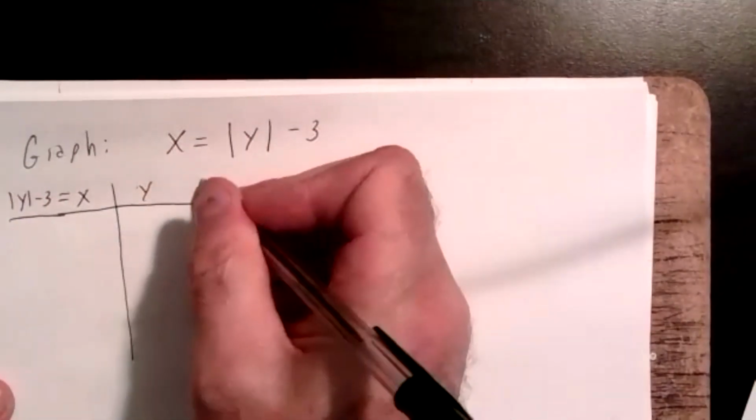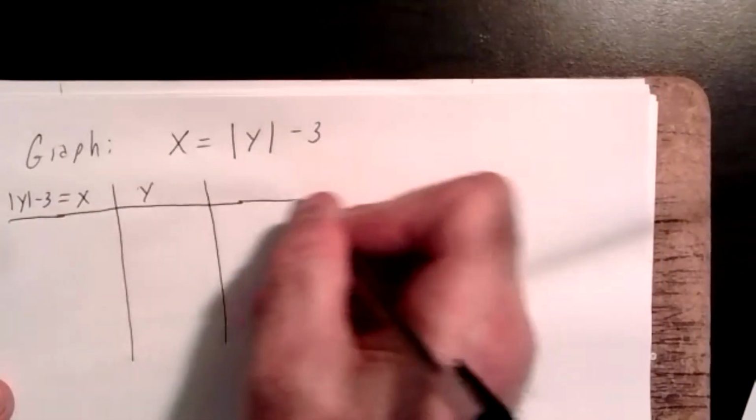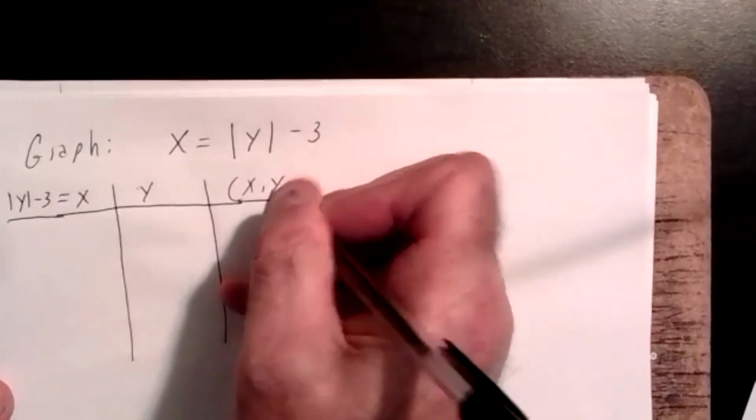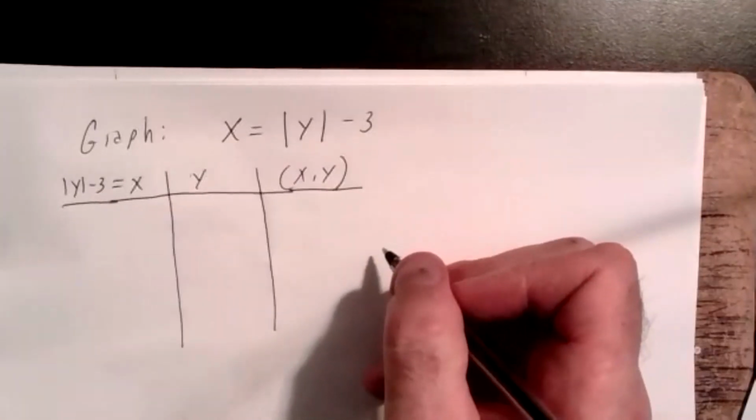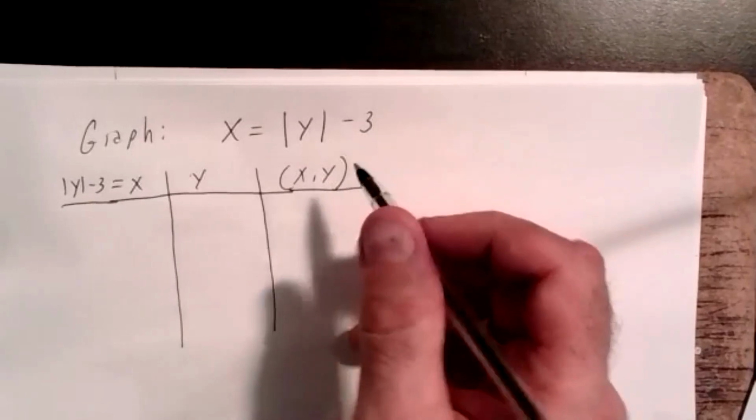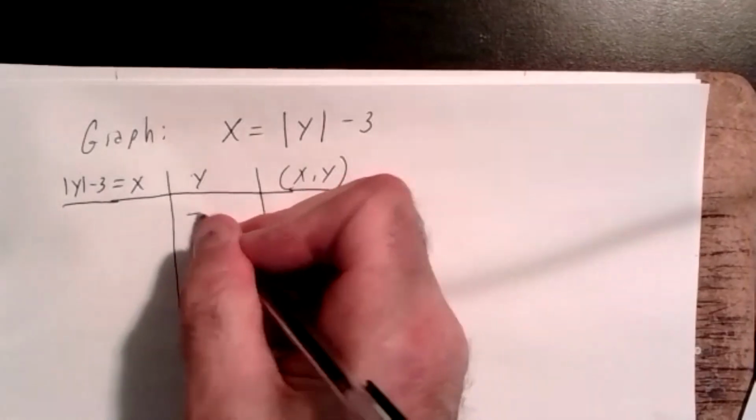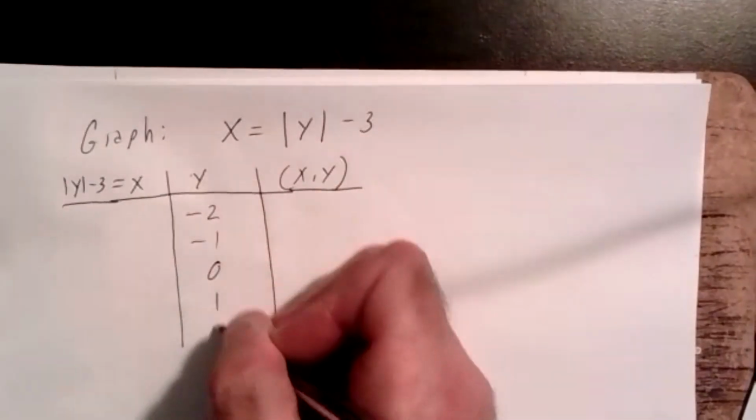So in this case, we're going to choose values for y and compute what x is. So we turn the tables a little bit here. Give me some nice values for y. How about -2, -1, 0, 1, 2?